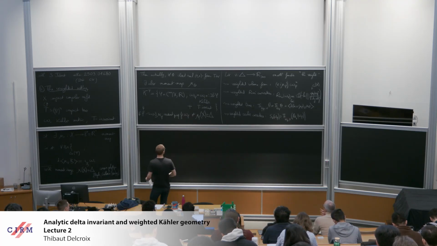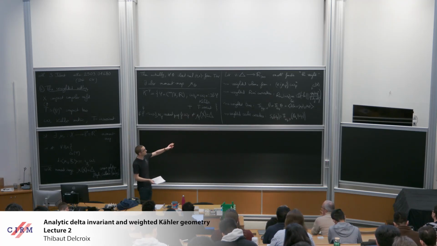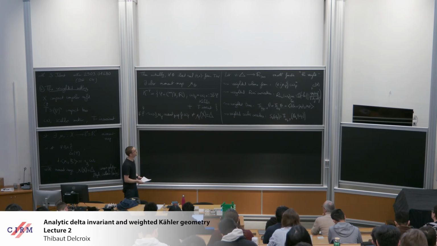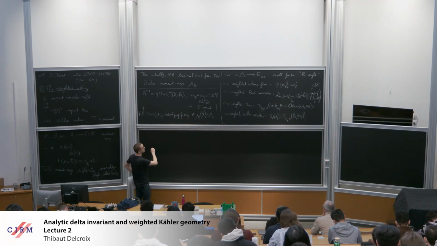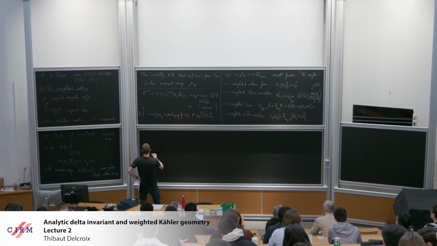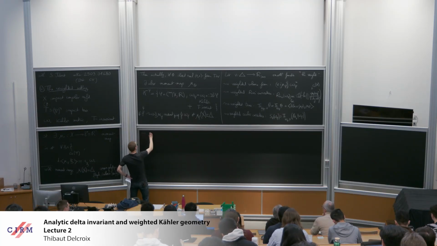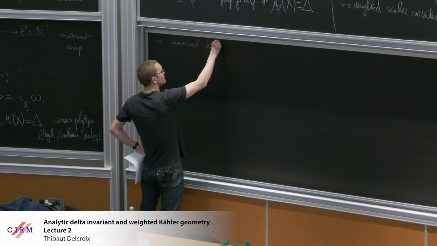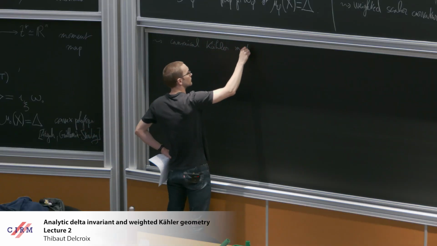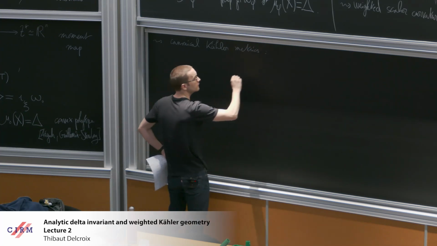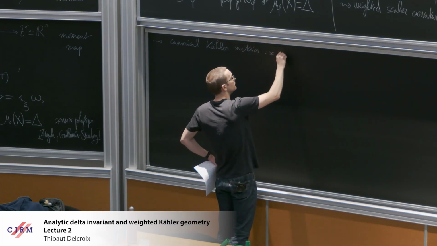So from this, you can guess the notions of canonical Kähler metrics, but I'll explain why it gives more standard examples. So first, weighted solitons.